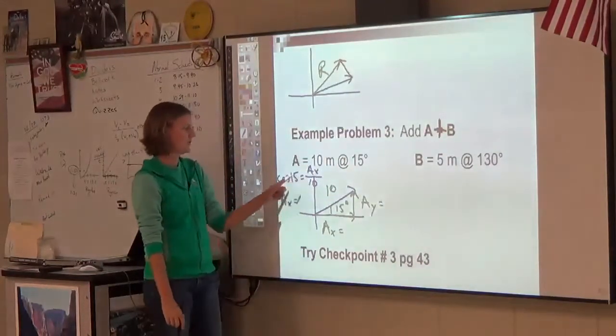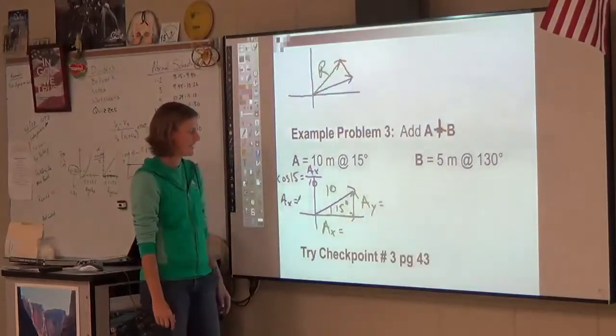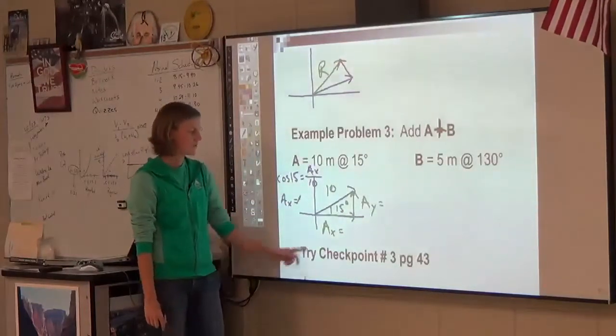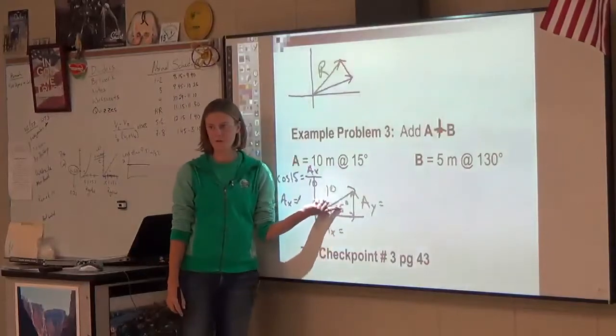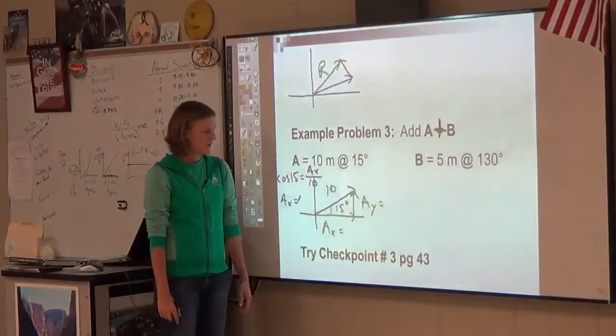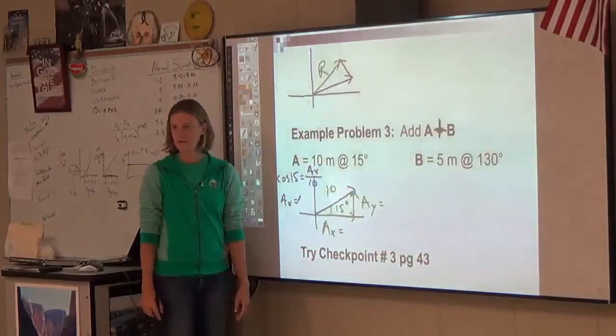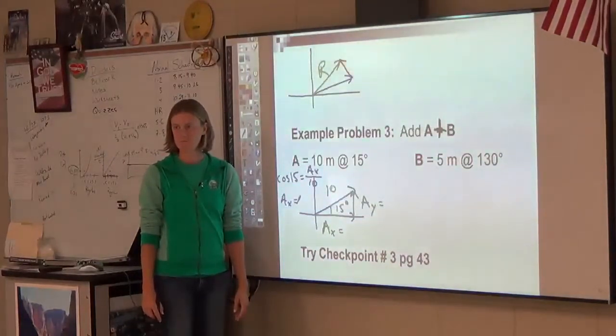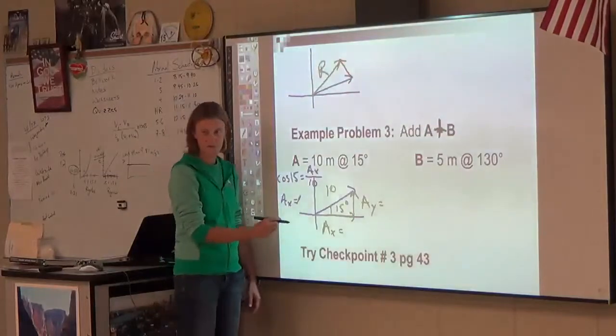So pretty much you just need to do cosine of 15 and multiply by 10. Of course, making sure our calculator is in what mode? Degree mode. And I need some help on that. 9.66?